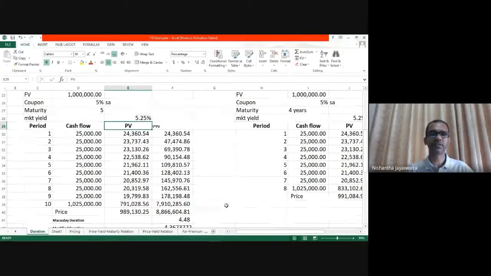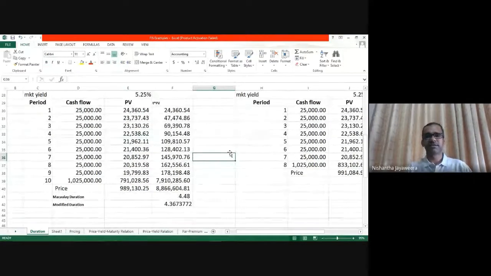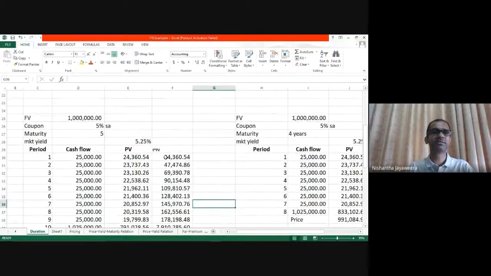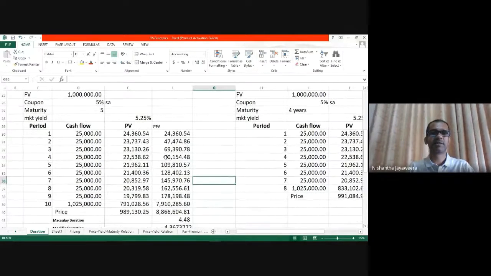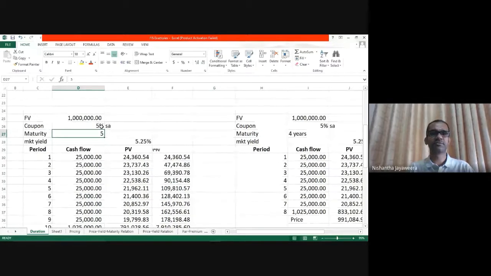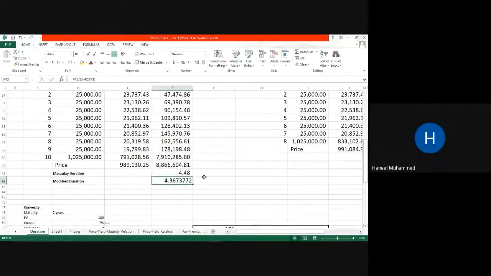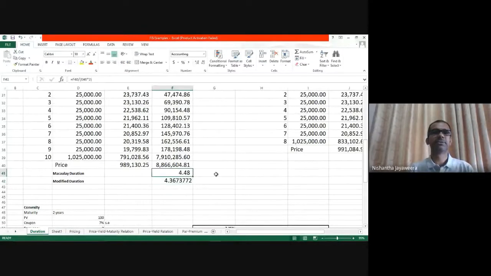Now you can see this is another key thing you have to remember. This is a 5-year maturity bond with 5% semi-annual coupon, and you calculate this, you get this Macaulay duration, but see something different here.